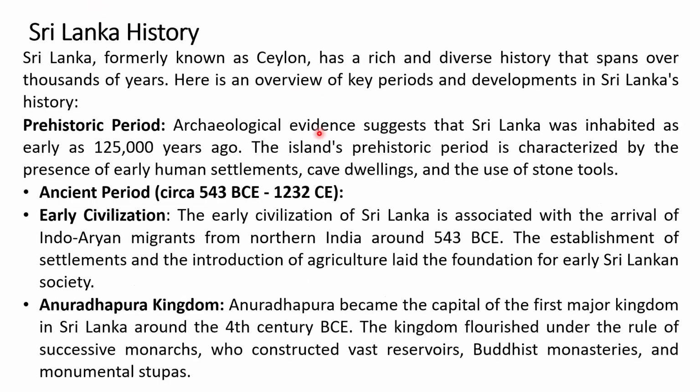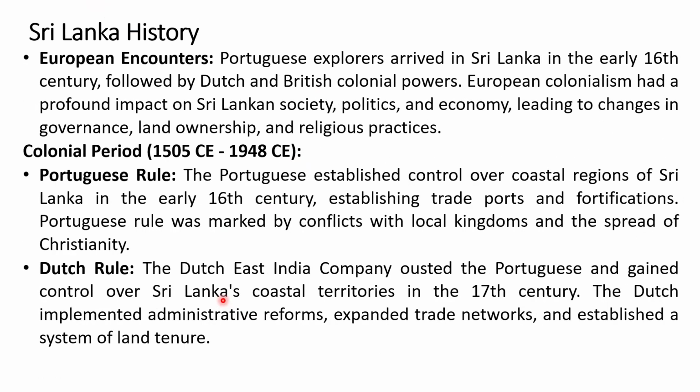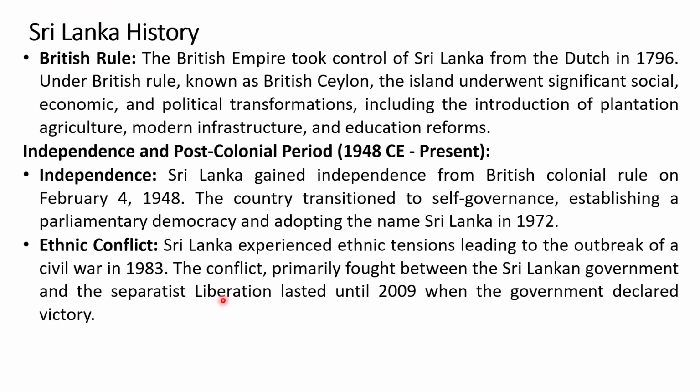This is just, I want to give some slides for completeness: early civilization, Anuradhapura kingdom, Polonnaruwa, Buddhism, kingdoms and dynasties, then Portuguese, Dutch and British. Then we had independence, then the ethnic conflict during that time, which we can consider a critical period.